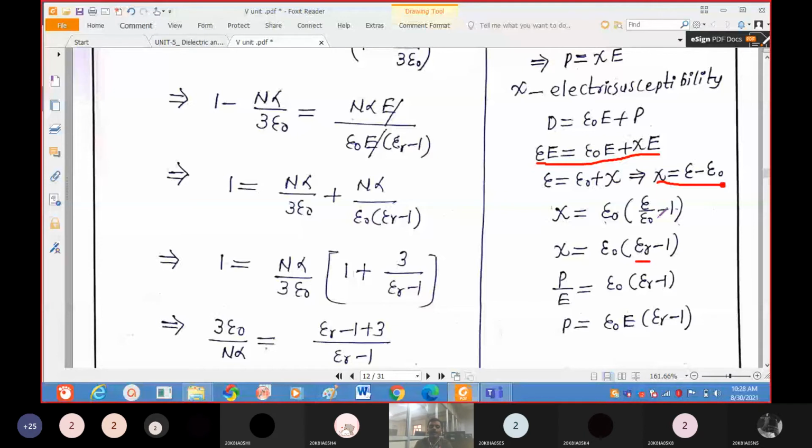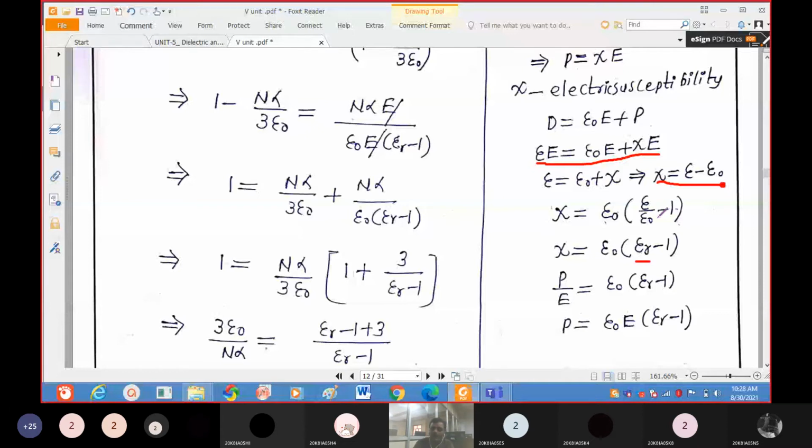Now, the permittivity of a dielectric is denoted by epsilon. If you take a medium, that is epsilon, the permittivity of the medium.